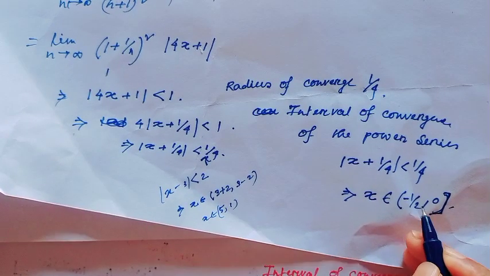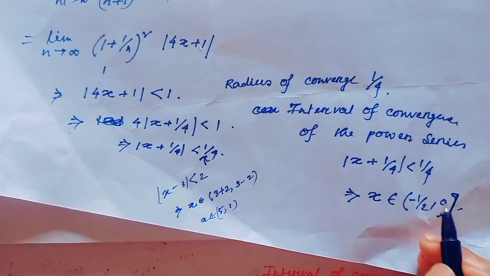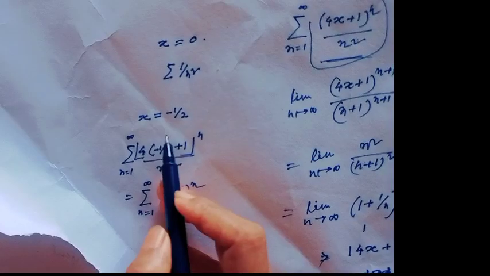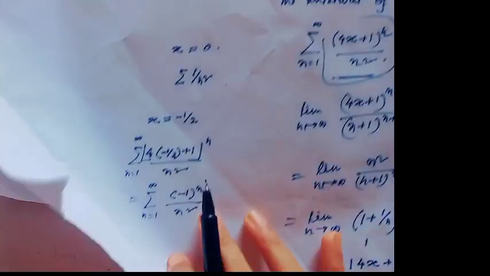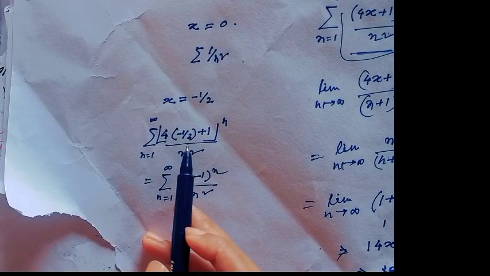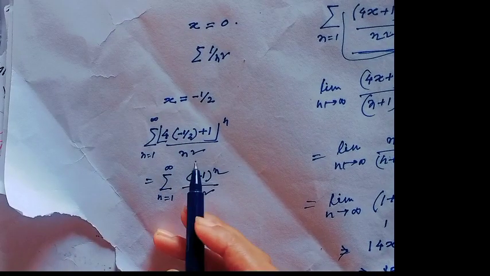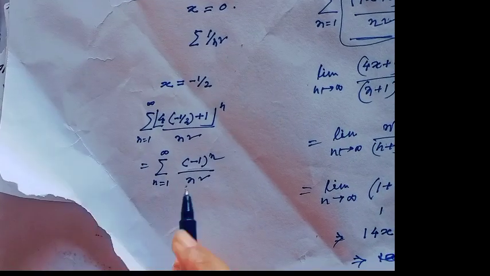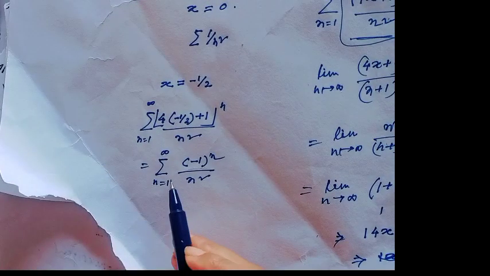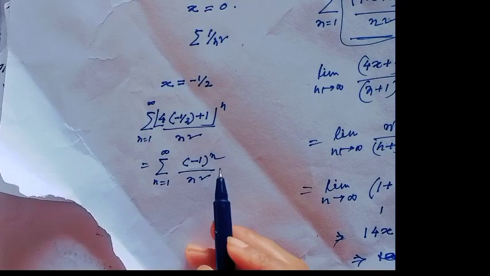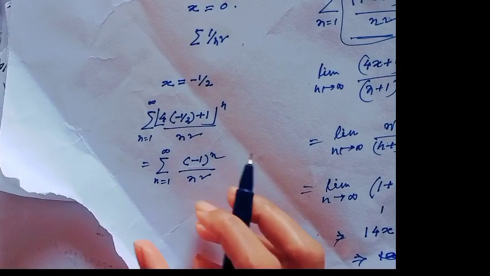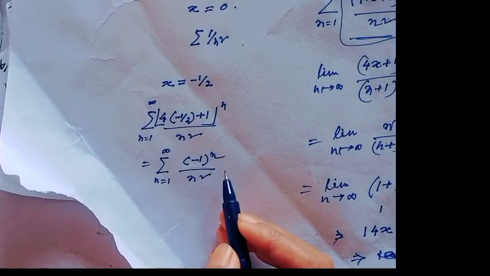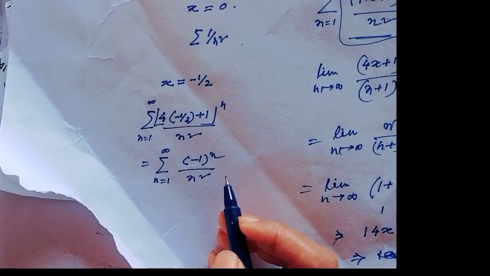Now I will check the point x equal to minus half. When x equals minus half, the power series reduces to 4 times (minus half plus 1) over n square, to the power n. This implies the series n equals 1 to infinity, minus 1 to the power n over n square. Obviously, by the Leibniz test we can tell this power series is convergent.